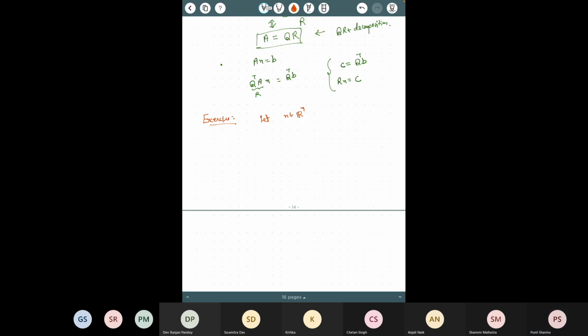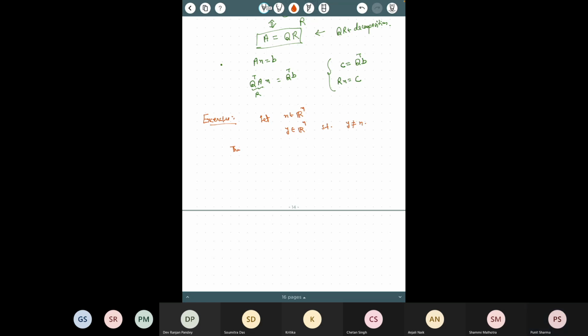Let us assume that we have a vector Y, also in Rn, such that Y is not equal to X. So we have two vectors X and Y which are different.